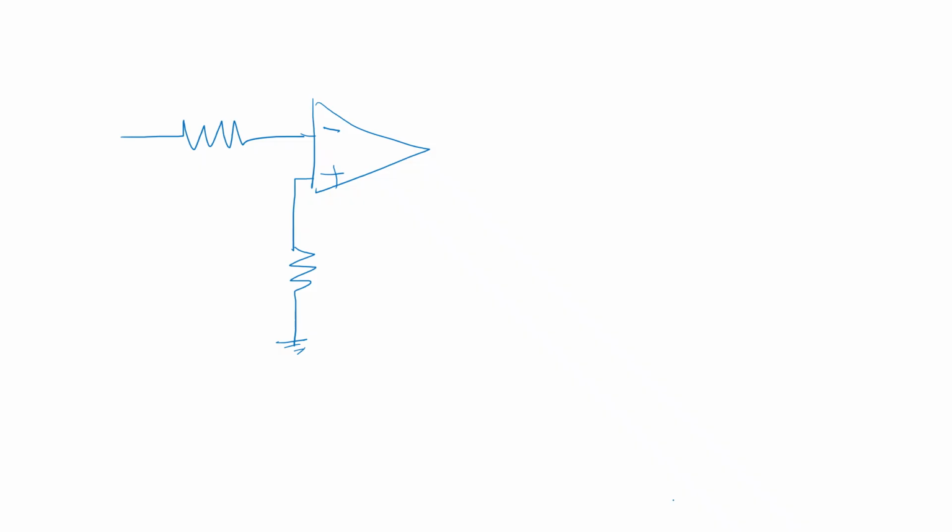Positive output we get, negative is 0. Again positive, negative 0, which means that the input sinusoidal wave has been controlled only for half of the cycles.